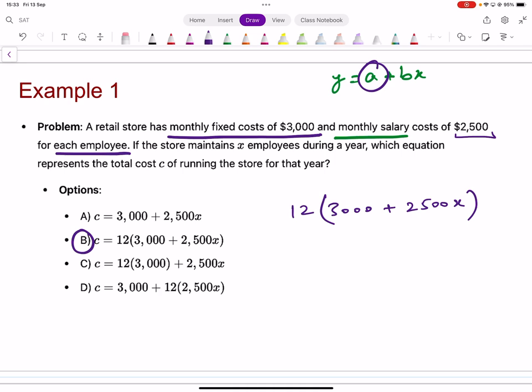In problems like these where you have a fixed cost and a variable cost, this a is going to represent the fixed cost and b is going to represent the variable cost, right? So the interpretation here is slightly different in this way, that the constant represents fixed cost and this number represents the variable cost. Is that okay?